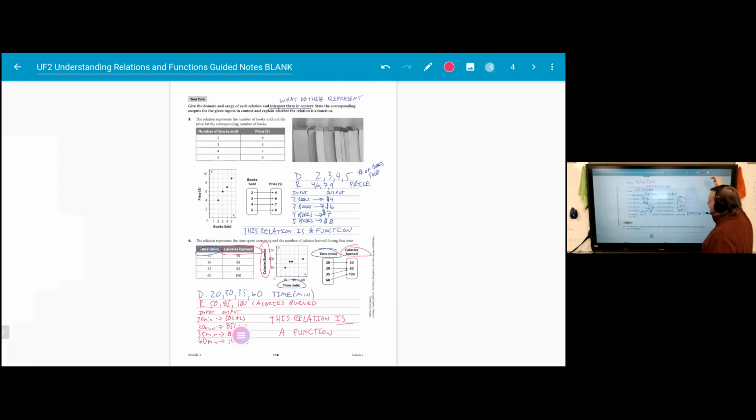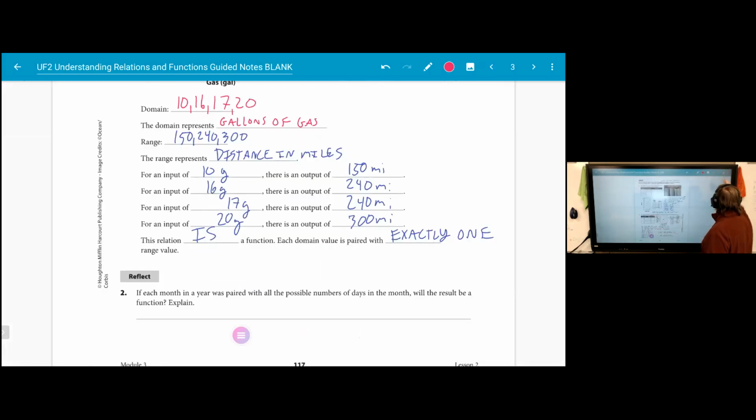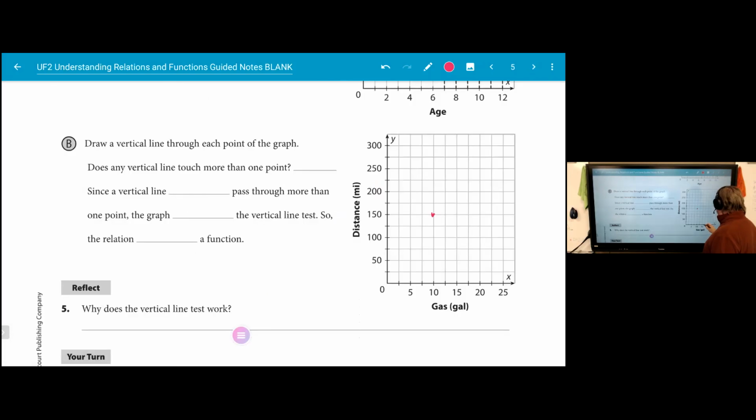Doggone, I should have wrote them down. 16, 17, and 20. 16, 240. 17, 240. And 20, 300. Again, that's just going back a couple pages and find this one.